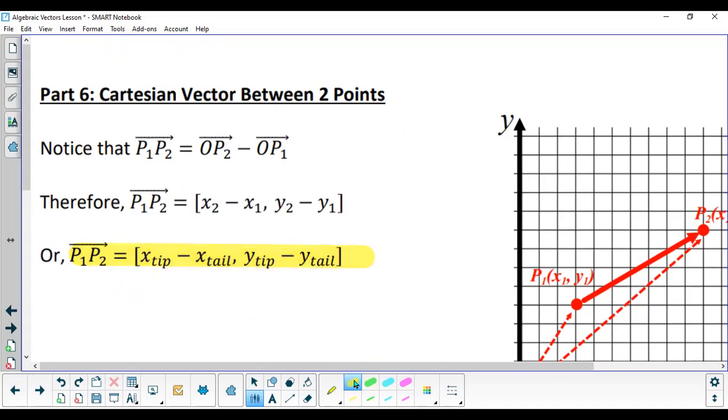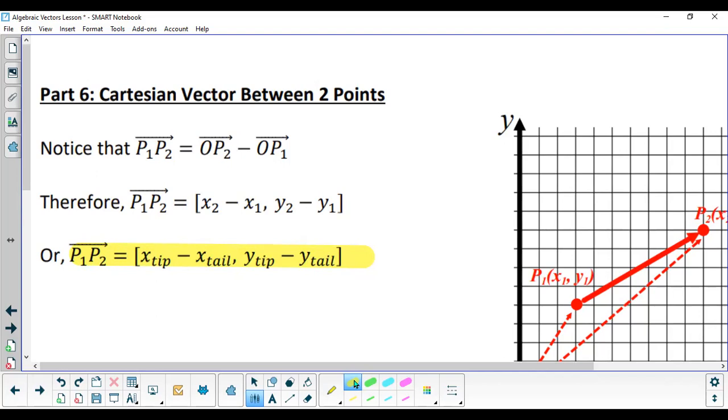So when we're talking about a Cartesian vector between 2 points, we can solve for that. We can translate the vector to the origin and figure out the difference of x coordinates and the difference of our y coordinates.